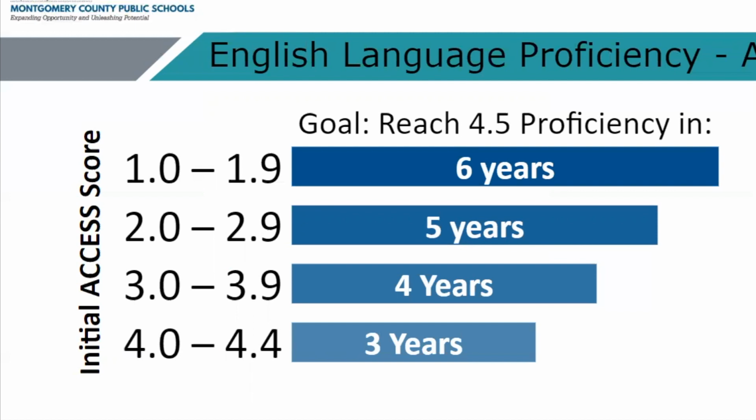Right now, MCPS has a goal of moving all schools forward in 6 years. But your improvement target changes by where your students are. I do want you to know our measure is at 5.5 out of 10 possible points, and you will see that we are above this initial goal already by 1 whole point. That's great news for us.